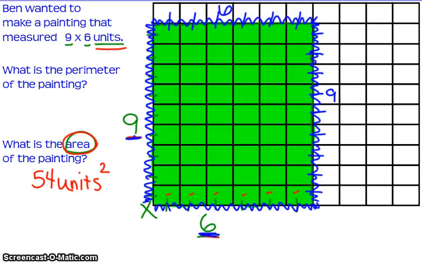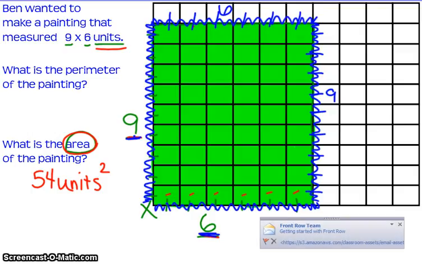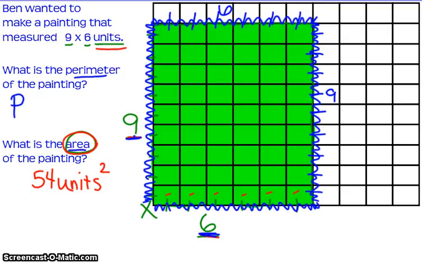To find the perimeter, how long, if this is fringe, how long does it have to be? We go like this. P stands for perimeter, just like A stood for area. P is equal to side plus side plus side plus side, and we just plug in what we know.